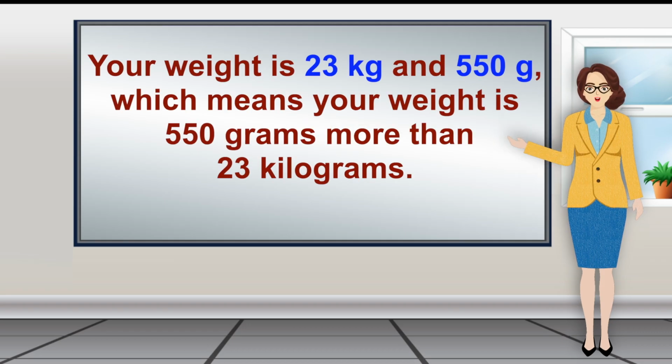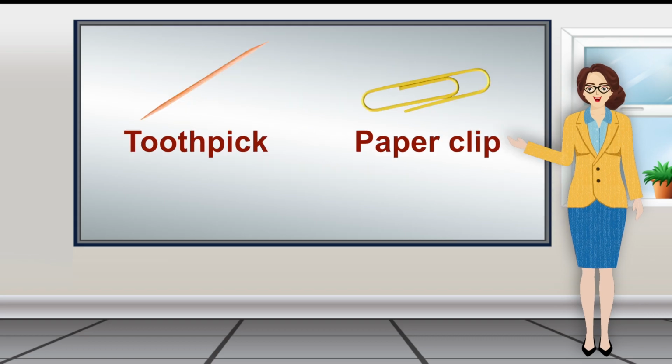Your weight is 23 kilograms and 550 grams, which means your weight is 550 grams more than 23 kilograms. For measuring the weight of very small objects or quantities like the weight of a toothpick or a paperclip, we use a smaller unit of milligrams.